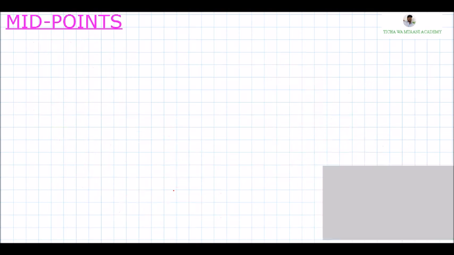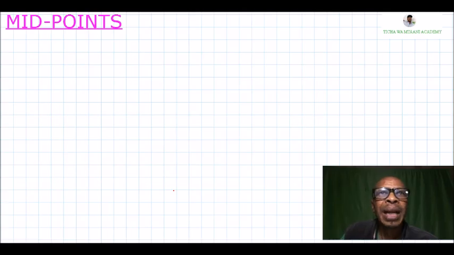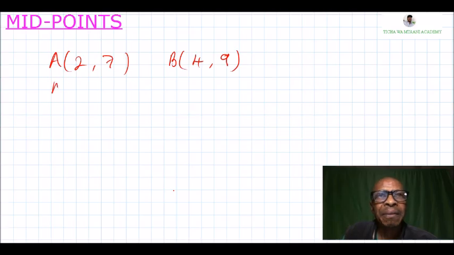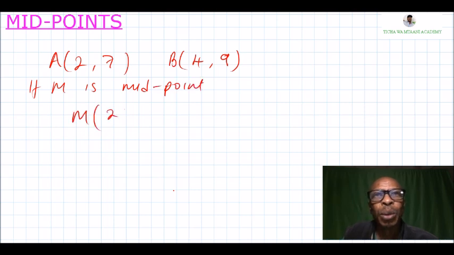For example, if we have A is 2, 7, and B is 4, 9, then if M is the midpoint, M is 2 plus 4 divided by 2, and 7 plus 9 divided by 2.